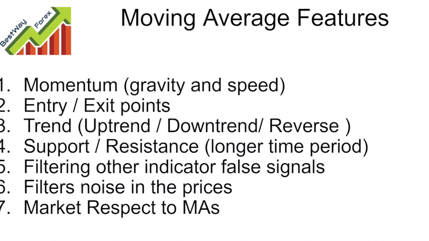If the market is in a strong trend, whether uptrend or downtrend, that is good for the MA. But when the market is in a range or choppy, it will not respect the MA's rules at all, so you need to avoid that.